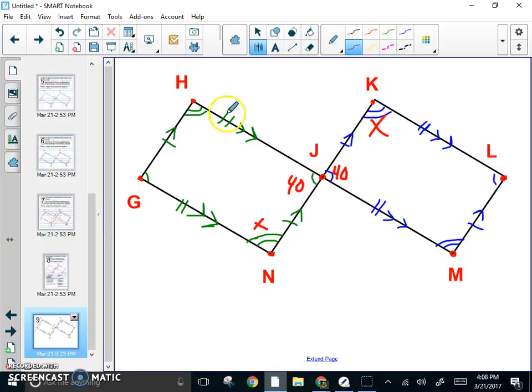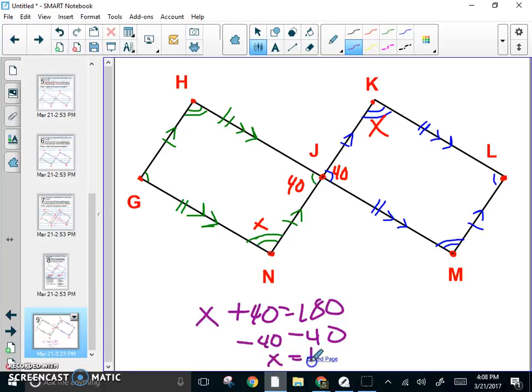We know, because these are parallelograms, that this angle and this angle add up to 180 degrees. So x plus 40 equals 180. Well, I subtract 40 from both sides, and I get x equals 140. I do the same thing over here, and I get the same thing, x equals 140. That is the proof that that theorem is talking about.